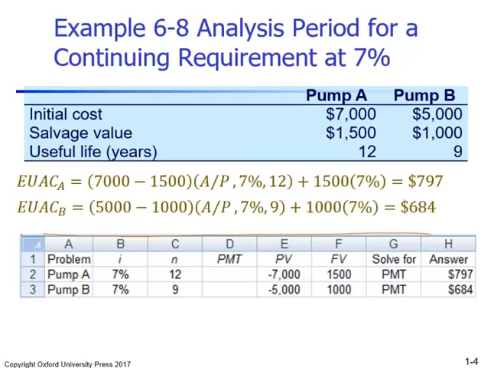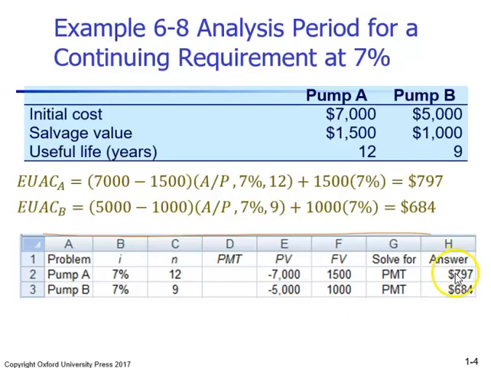I hope you have reached the right answer when you compare it with this slide in front of you. And okay, the annual cash flow for pump A is 700 something, and for pump B is 600 something.